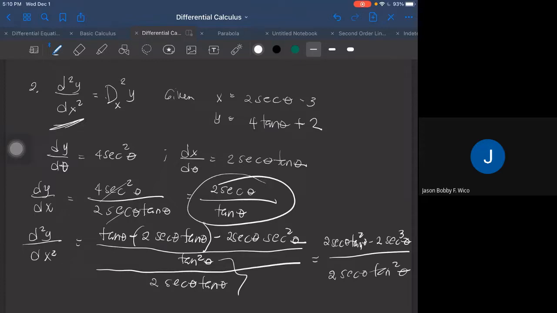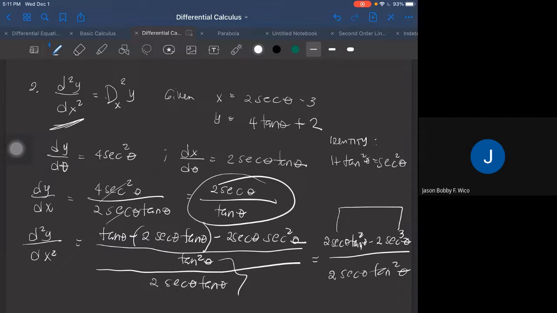And so I think we can make use of an identity. We have an identity, still remember, 1 plus tangent squared theta equals secant squared theta. And so we can factor the numerator. They have 2 similar terms.